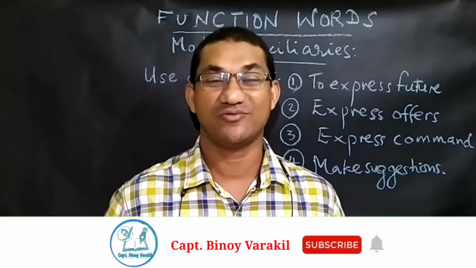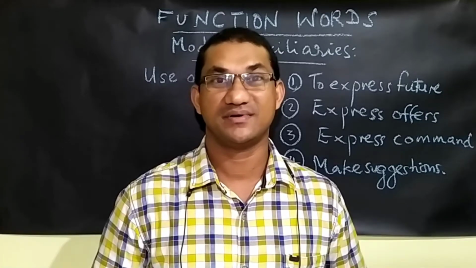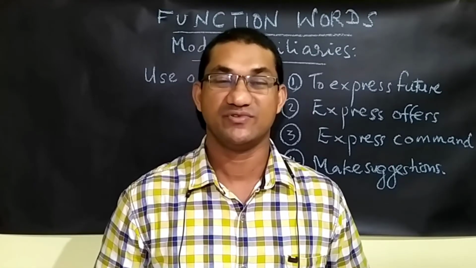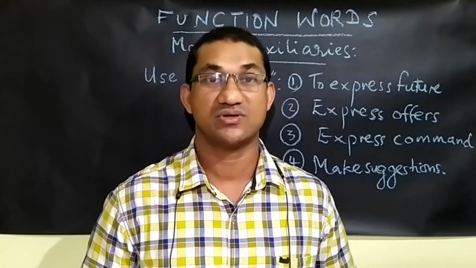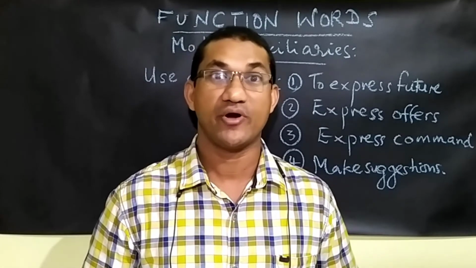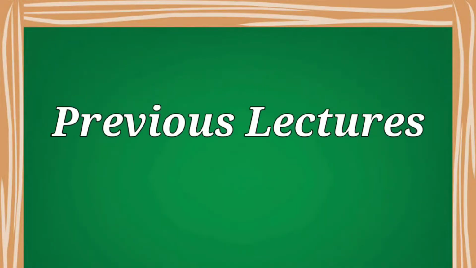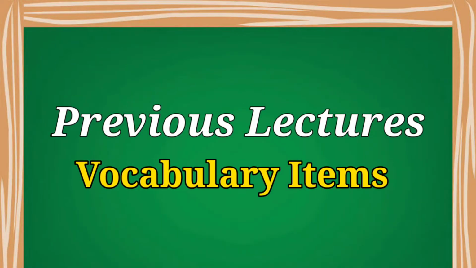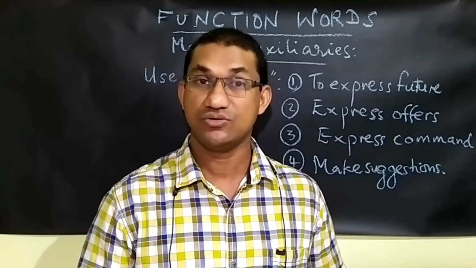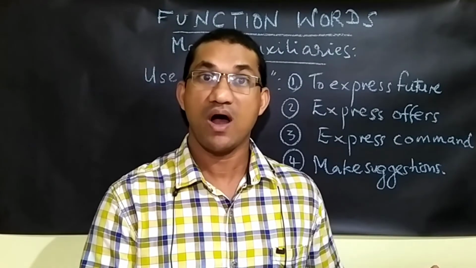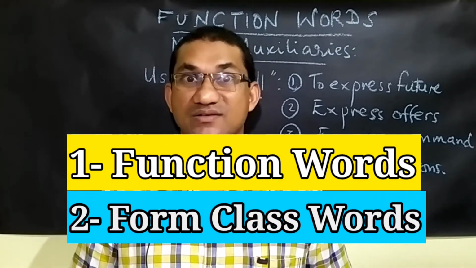We are learning about the great English language. We are, of course, looking at the elements of the English language. And we know that the great English language has thousands of vocabulary items. In the previous lectures we studied that these many vocabulary items can be broadly divided into two: number one, function words; number two, form class words.